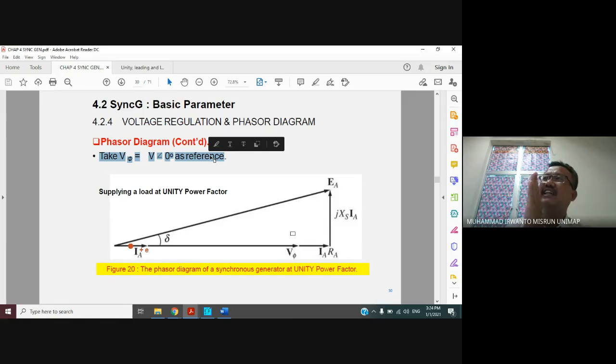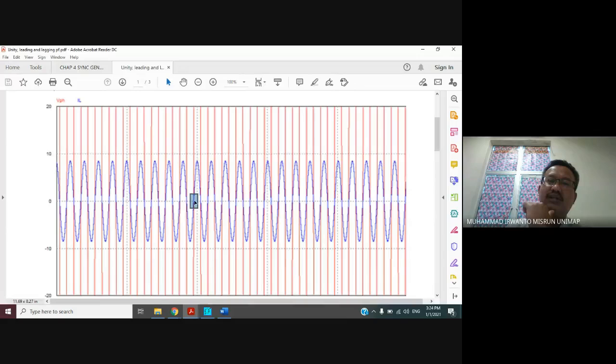Phase voltage is the reference. I repeat again, phase voltage is the reference. If we refer to this waveform, for the unity, lagging and leading power factor, the phase voltage or terminal voltage is the reference.